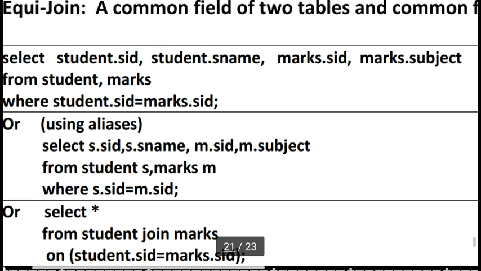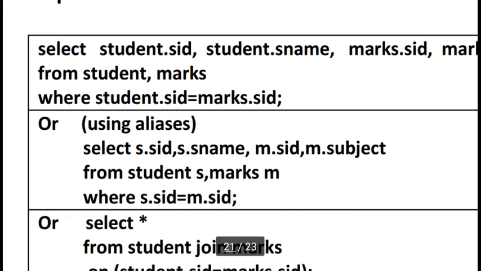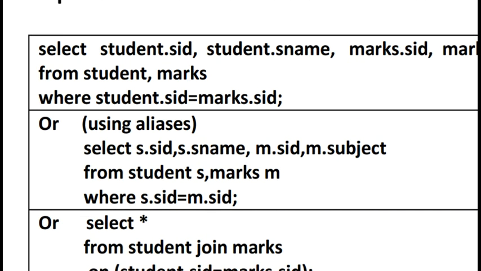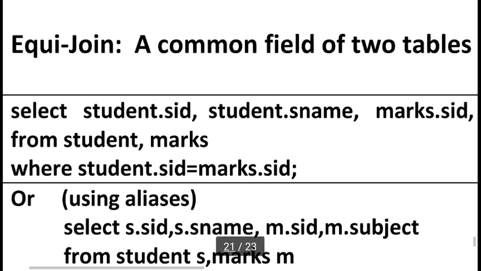Here two tables are involved, student comma marks, and here I am using where. The condition is important. We know the primary key and foreign key are always used for joining. So here student.sid is equal to marks.sid only, because this column will match. Only equality.